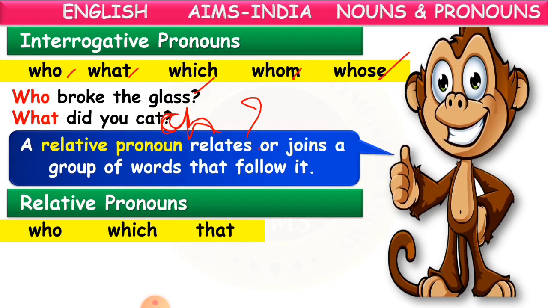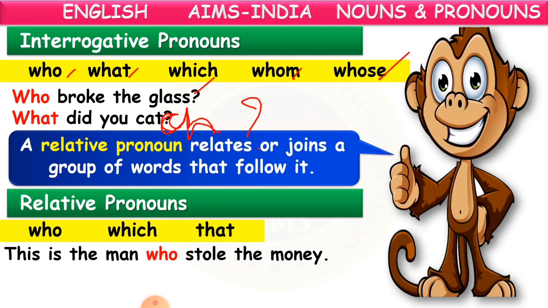These are relative pronouns. And the same words also come in interrogative pronouns. But when it is a question type of form, it comes as an interrogative pronoun. And relative pronouns have another meaning here.